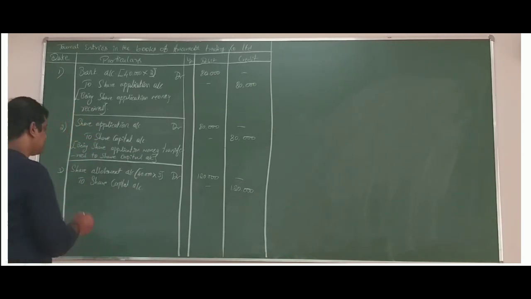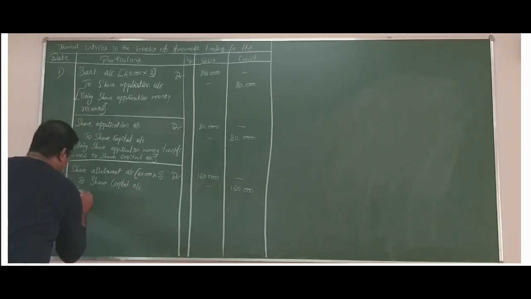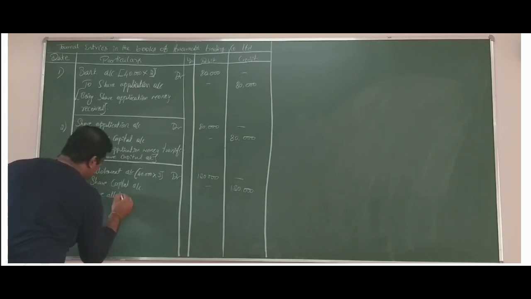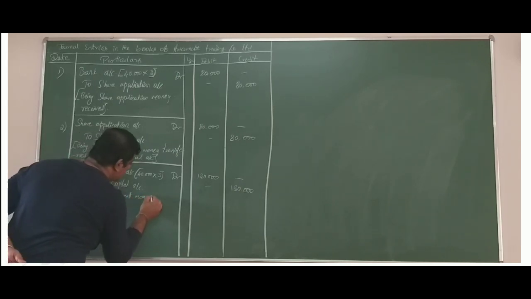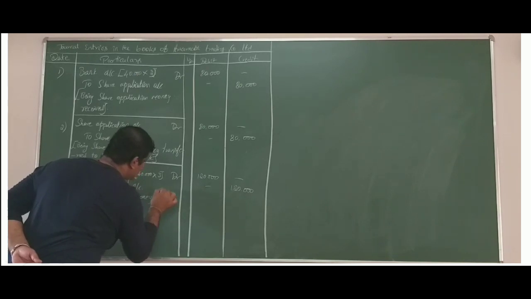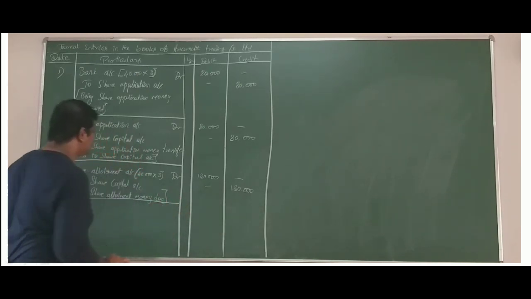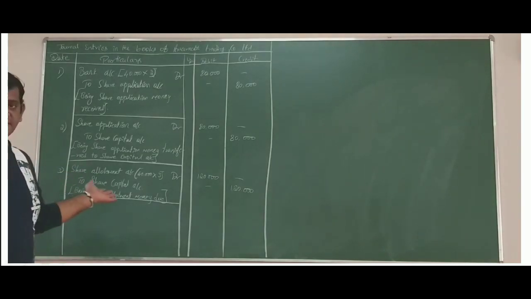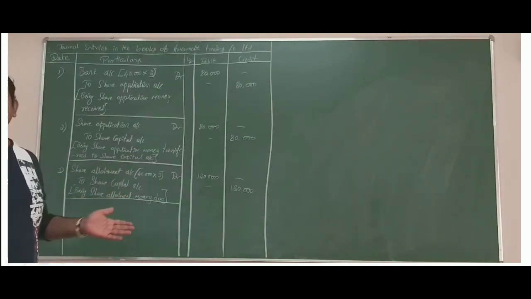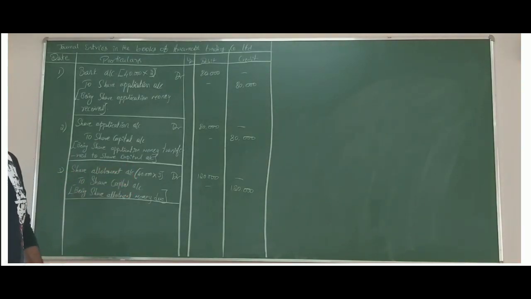So the narration is being share allotment money due. So this is the narration for the third entry, because we are clearly saying that share allotment money is due. Clear?